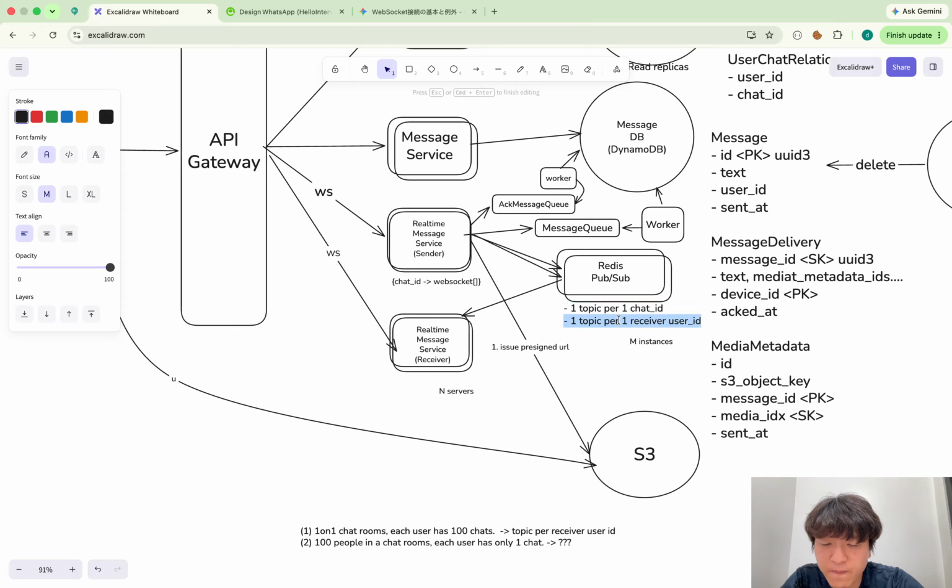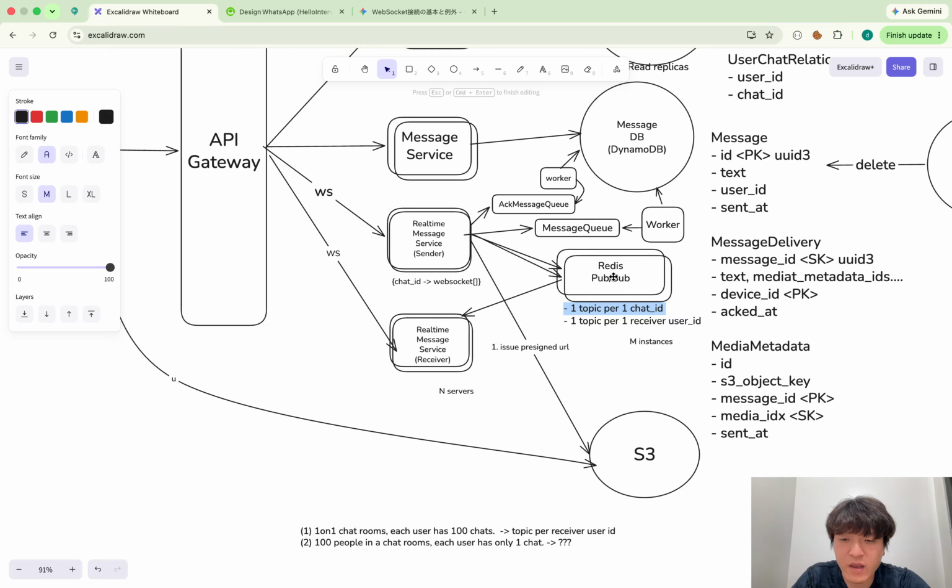But in the second option, because the server does the fanout, the number of messages in the Redis PubSub is 99 times the original number of messages. So comparing this, I would go with the first option, one topic per chat ID, because fanout in Redis PubSub takes less cost than fanout in the server.